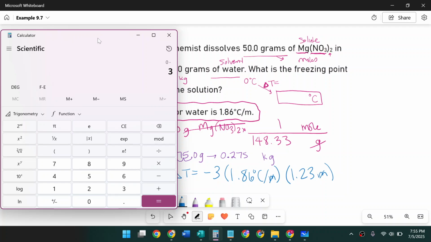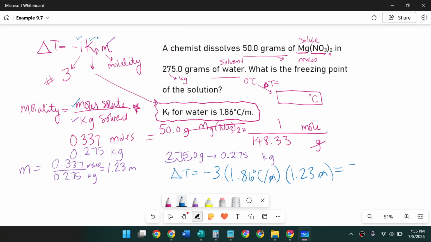So we have -3 times 1.86 times 1.23. All right, and so we get -6.8634. The 1.86 one's not exact, so we have to count that one, and then the 1.23 we calculated, so we get 3 significant digits, so -6.86, and our units are degrees Celsius.